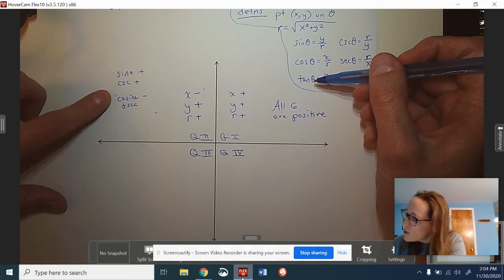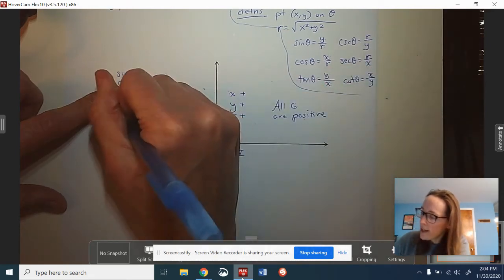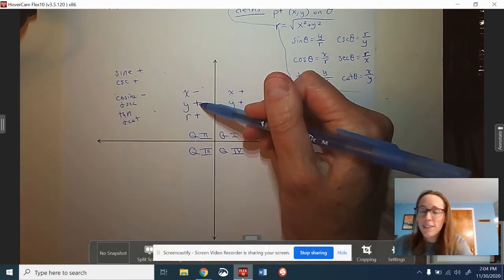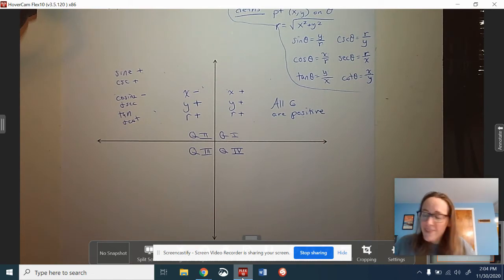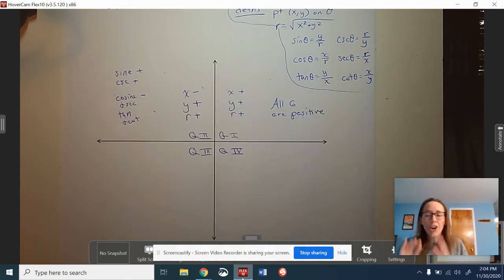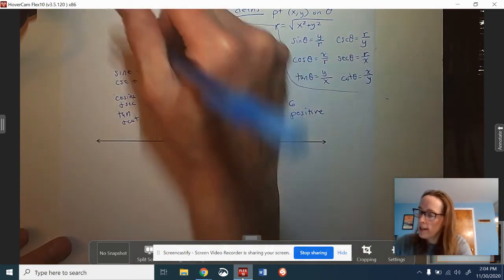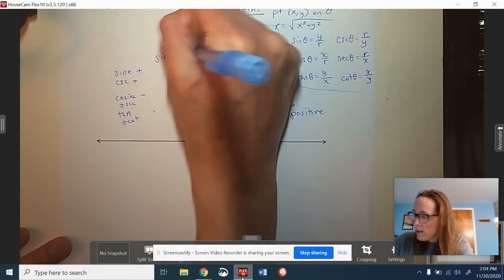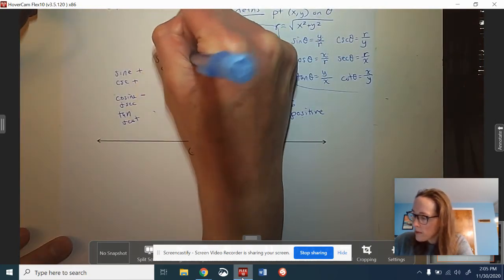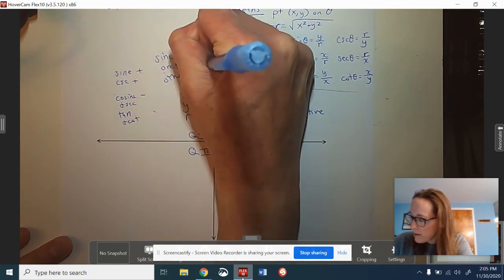And tangent's definition is y over x, a positive over a negative, which is going to be negative. So in quadrant 2, sine and cosecant are positive, and the other 4 are negative.